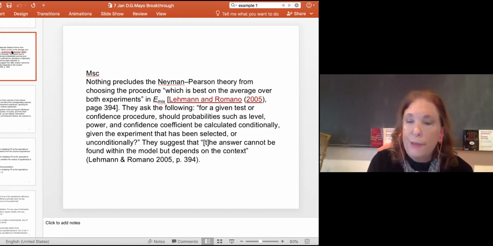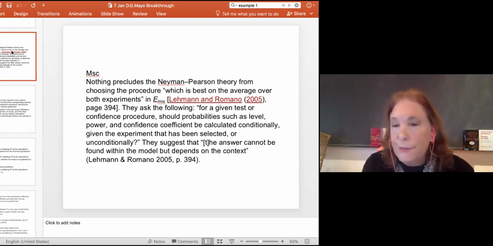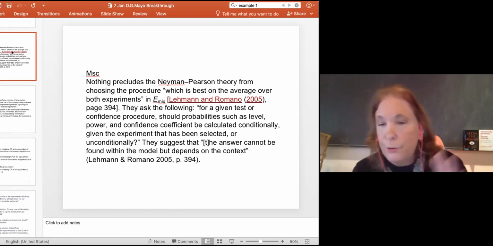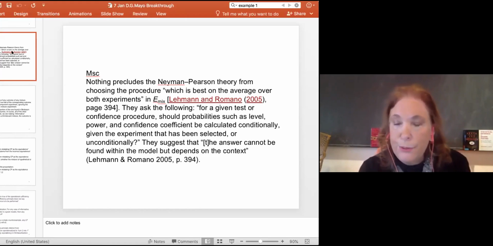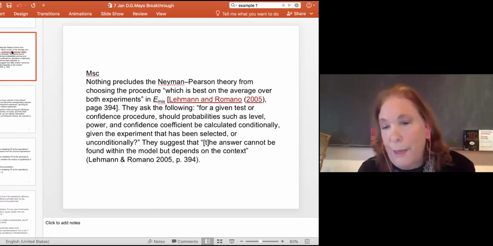So it's not hard and fast. And they suggest the answer cannot be found within the model, but depends on the context. So there is this feature of this whole argument where we're dealing with some principles that are themselves not mathematical. And that's why there is a choice, as Cox said.